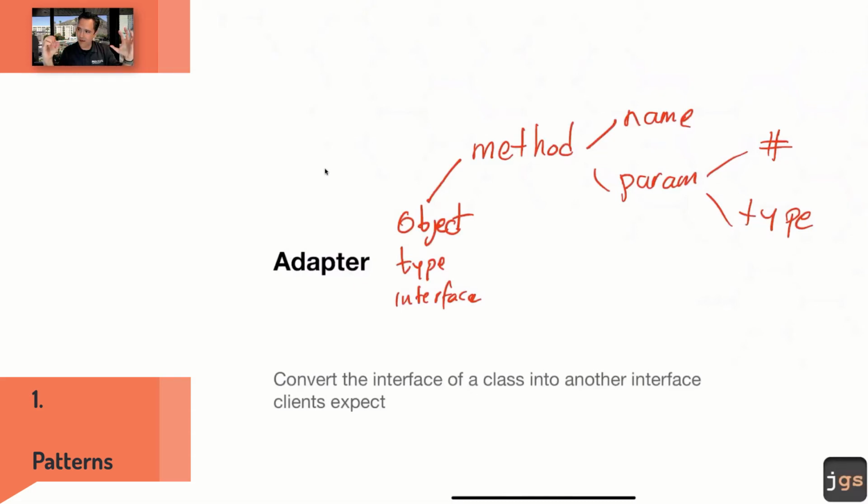So I need to translate the one that I am calling to the real name, or the number of parameters that I am sending is not the same. So I need to do something with the number of parameters, or the type of the parameters that I am sending is not exactly the same that I have here. So I need to do something here with the number of parameters, and then I can continue with the code. The adapter connects two classes because I have an issue with whatever of this.